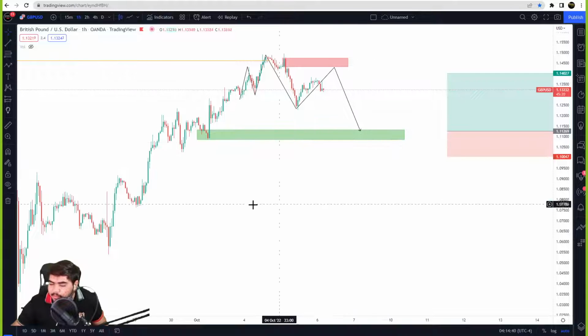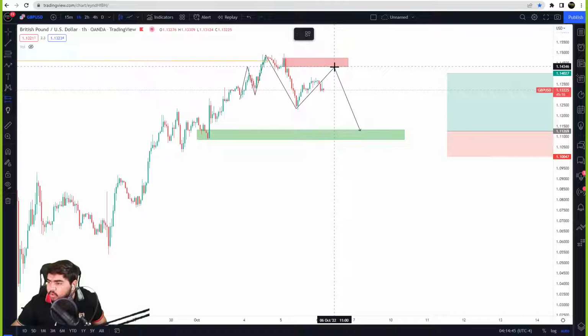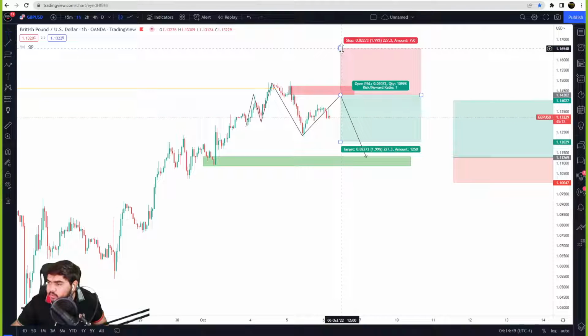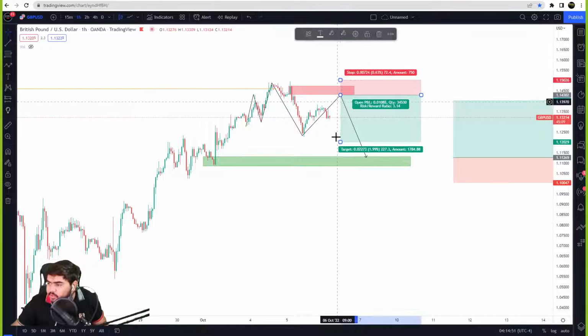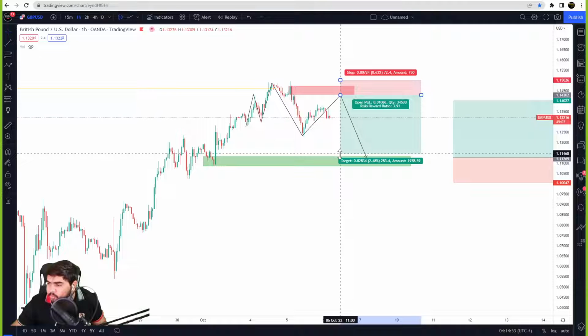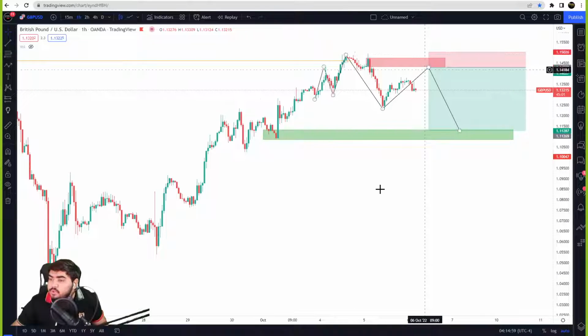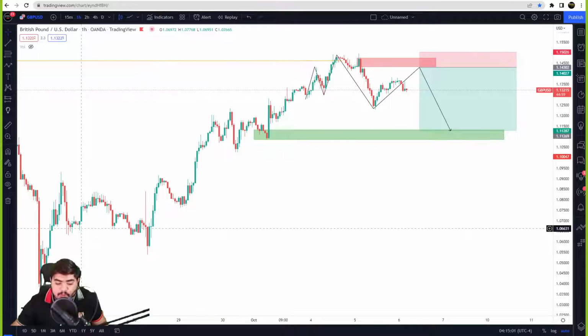Keeping this in mind, we are looking for selling opportunities around this area. Stop loss would be above this, and this would be our target. So today we would most likely be looking for selling opportunities on the GBP USD.